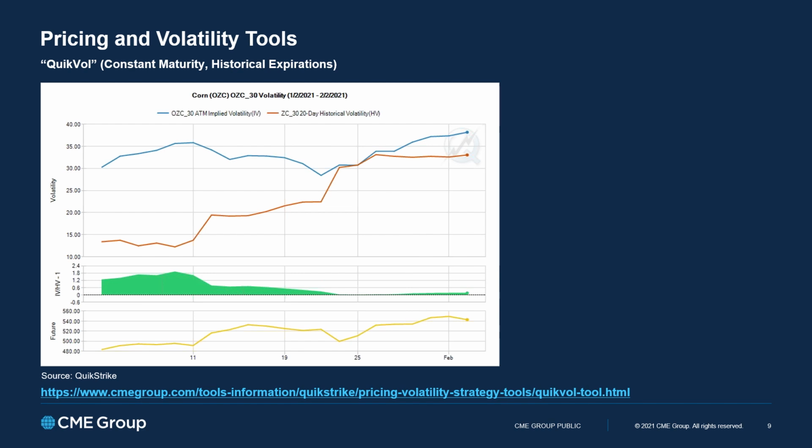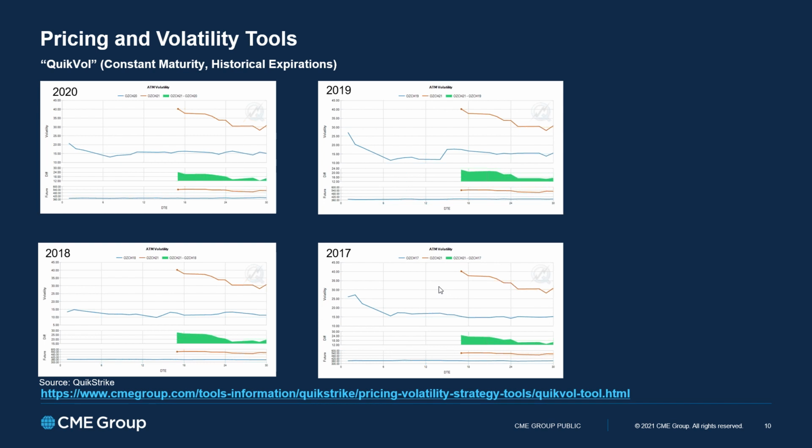But that only tells you part of the picture. What this tells you, and it's a nice picture to know, is that in the last month implied volatility in the corn options market has risen fairly substantially, but it doesn't really give you a lot of historical sense. So another tool that we have available, and this is a little bit harder to read on the slide, I wanted to show all four years here, but I'll explain it. This tool shows you what the current implied volatility is.